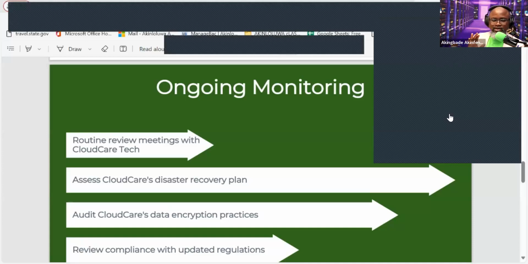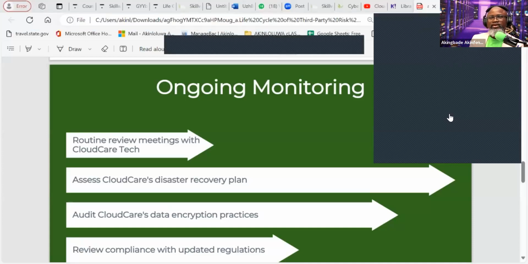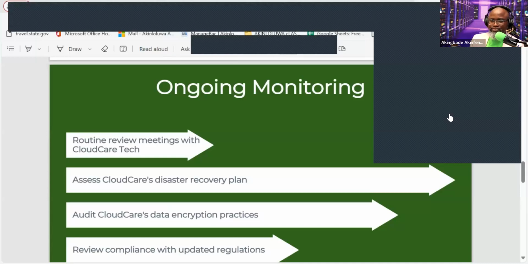Now, let's pause. You know why we should pause? Sometimes we are talking of the biggest players in the world that are running everything you do, your operation, everything. So we are talking of the likes of Microsoft, Cisco, AWS, Google Cloud, Salesforce, Fortinet.